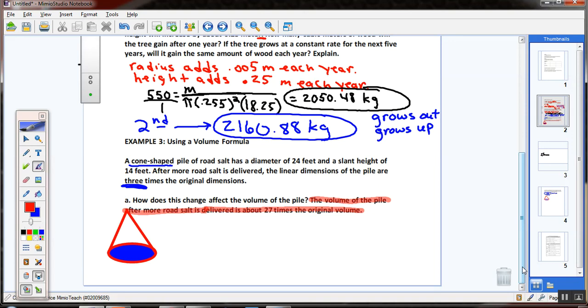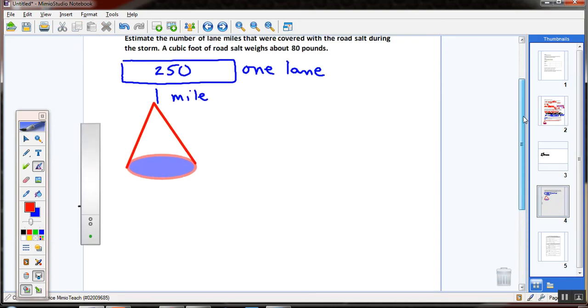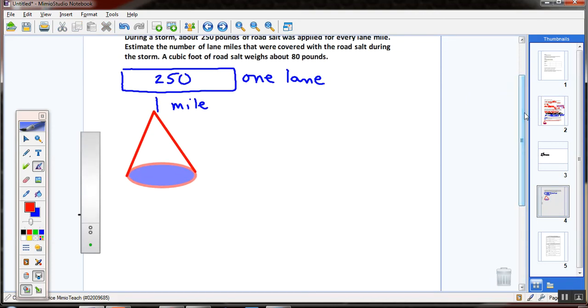Okay, so here's the deal. It says the original pile, a cone-shaped pile of salt, has a diameter of what? 24 feet and a slant height of what? 14 feet. So I'm going to put these in here. What's the diameter again, kids? 24 feet.